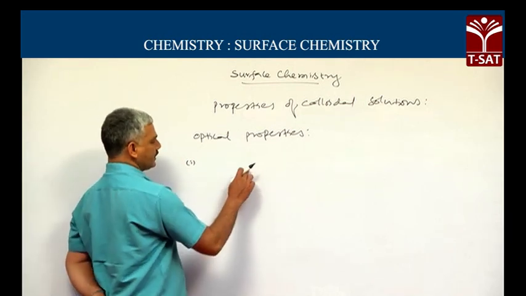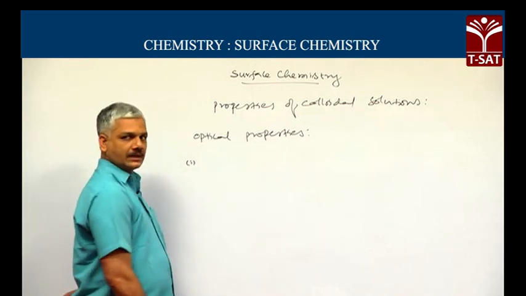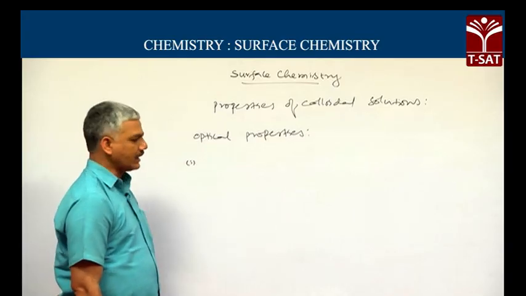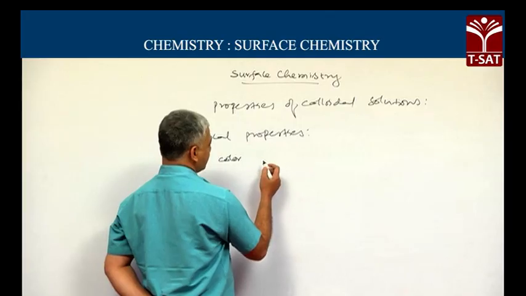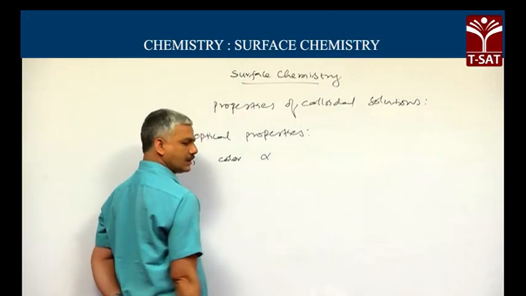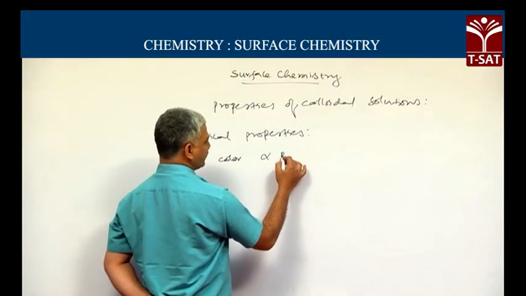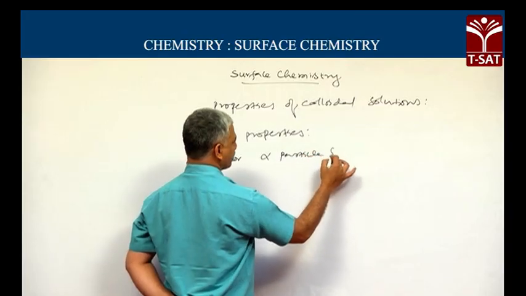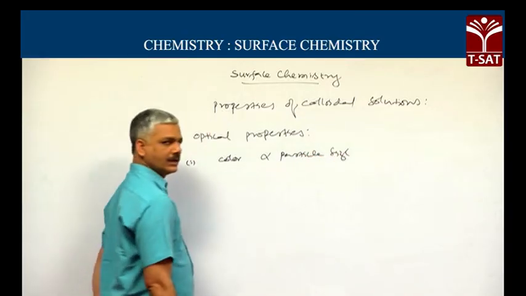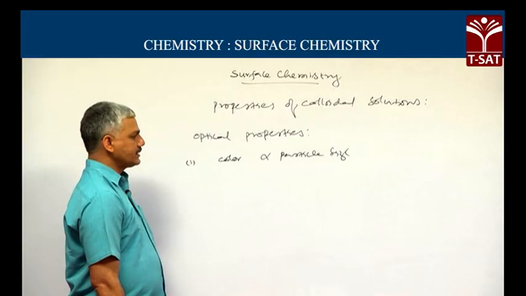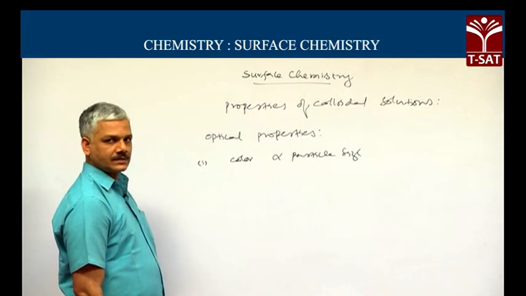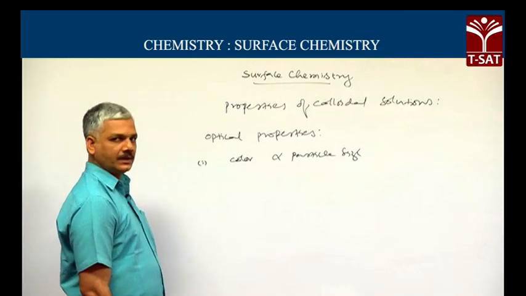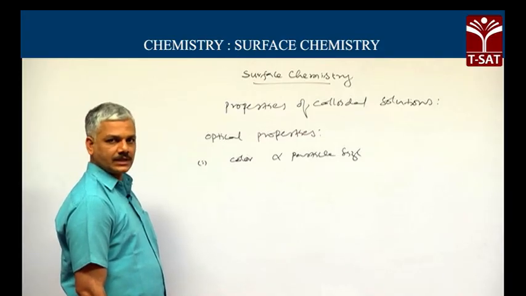It depends on the wavelength scattered by the light. In general, color observed for a colloidal particle is directly proportional to particle size. With increase in particle size, intensity of colors also increases, and it will be towards low energetic end.